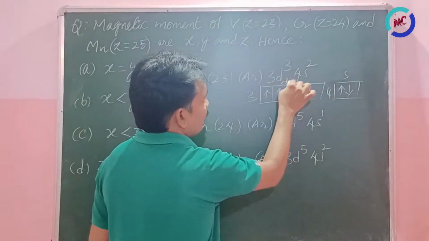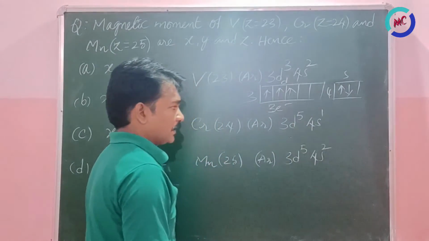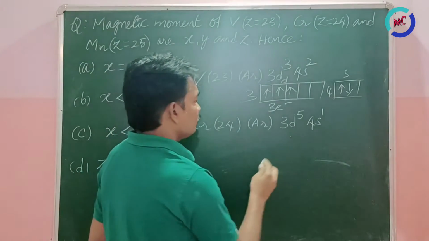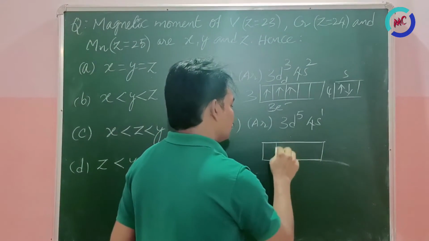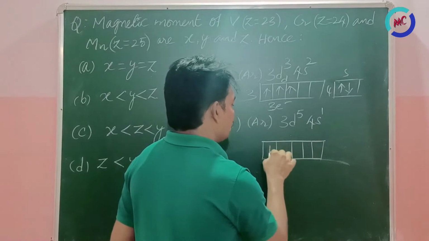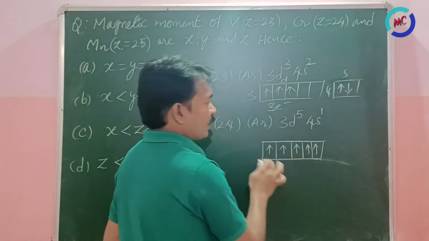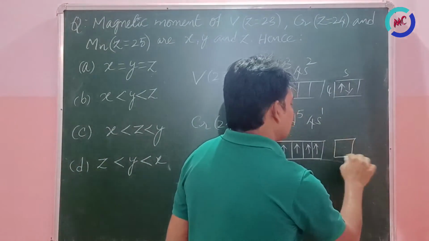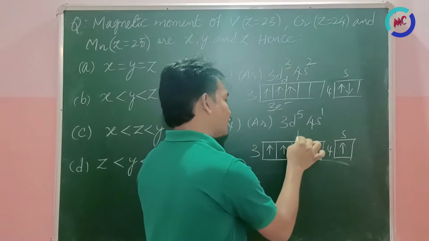So 3 unpaired electrons are there in vanadium. And in case of chromium, 1, 2, 3, 4, 5 unpaired electrons in 3d orbital and 1 unpaired electron in 4s.